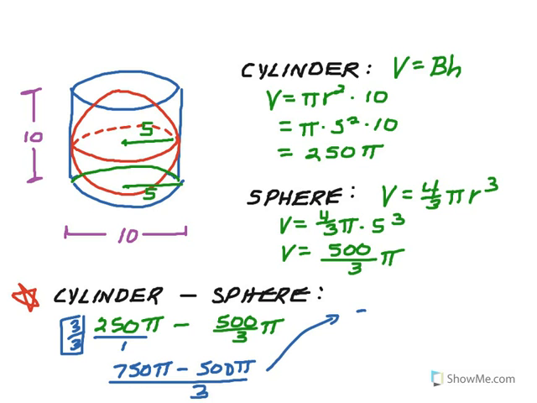So that's going to be 250 pi over 3 cubic units. And if I use an approximate value of 3.14 for pi, I get approximately 262 cubic units. And that's it for spheres.